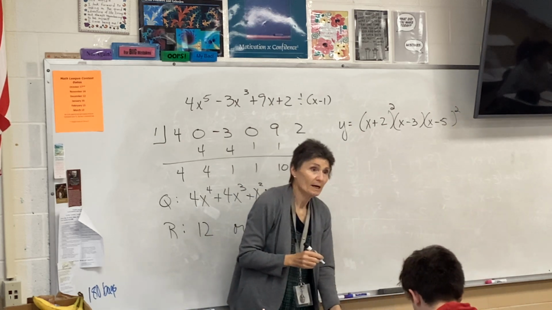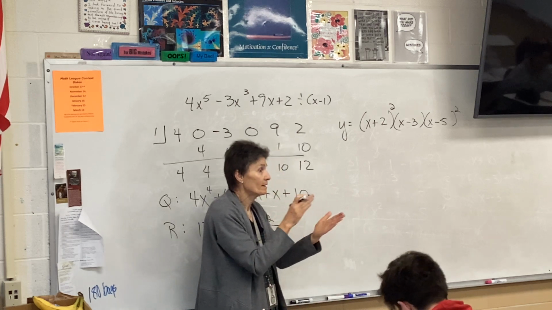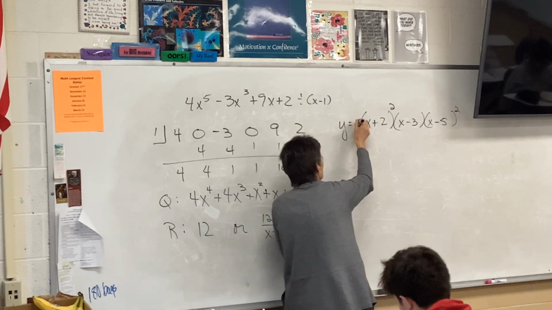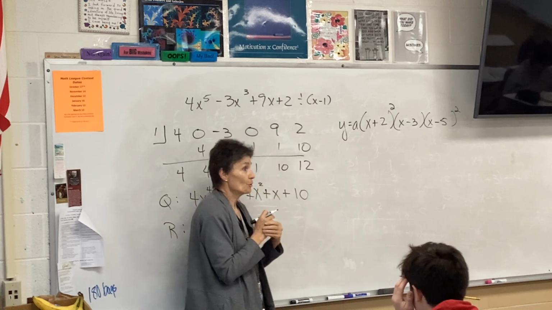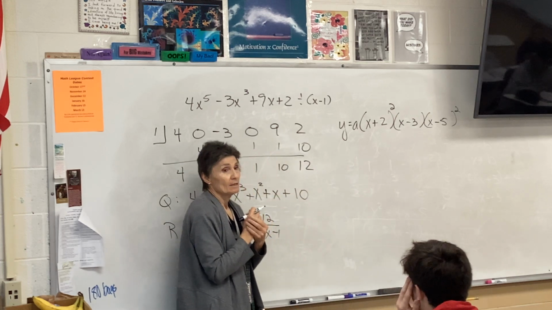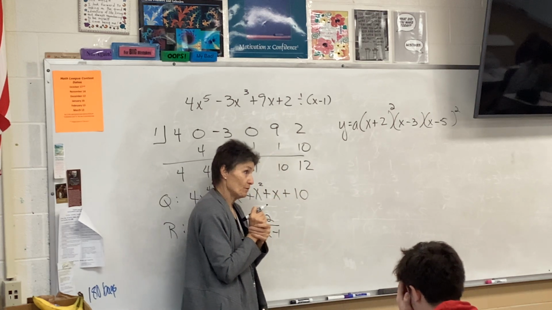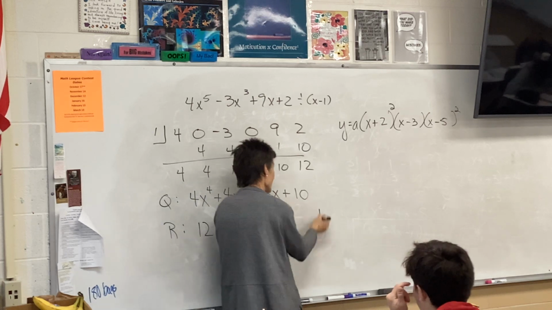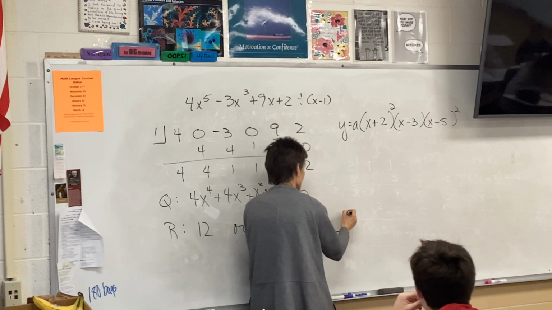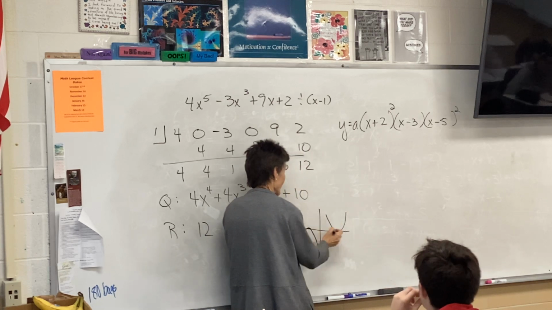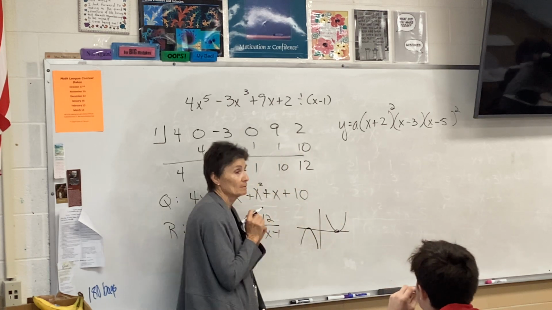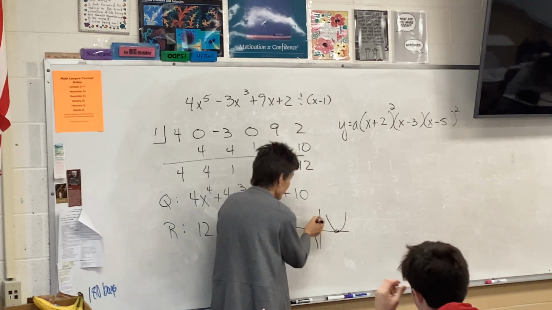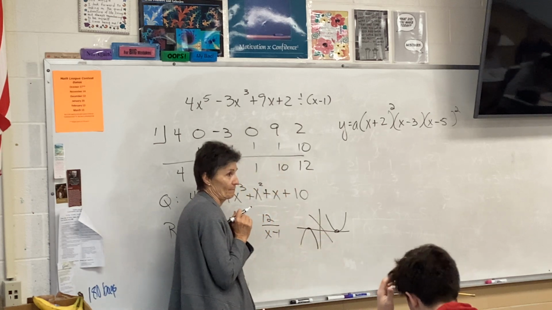You've got to put those in before you find your A. Your A won't be right if you don't put those squares in. Everybody understands that when the picture does this or this, that's a bounce. When it does this, that's not a bounce.